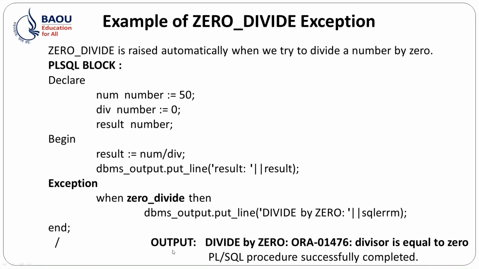So, the output, if you execute this block, is 'divide by 0', ORA-01476. This one is the SQL code and this is the error message: divisor is equal to 0. So, it is successfully executed.